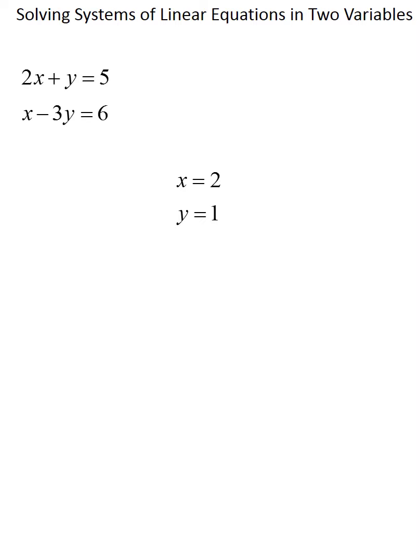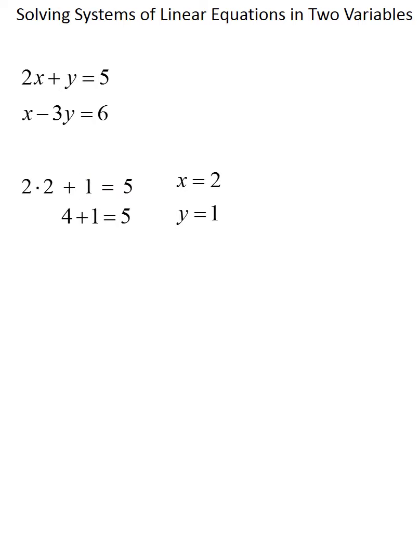Would this top equation, 2x plus y equals 5, be true if x were 2 and y were 1? Well, one thing we can do is substitute in 2 for x and 1 for y and find out.